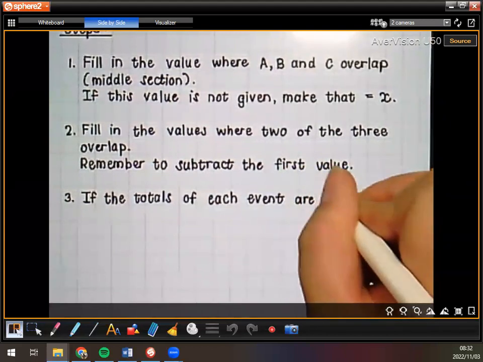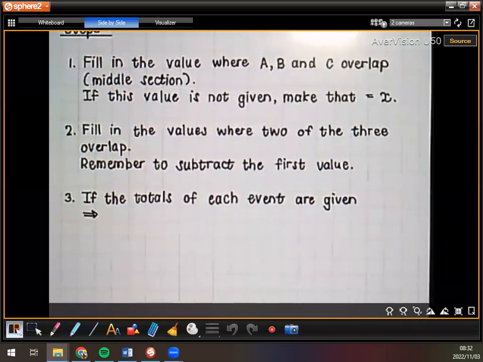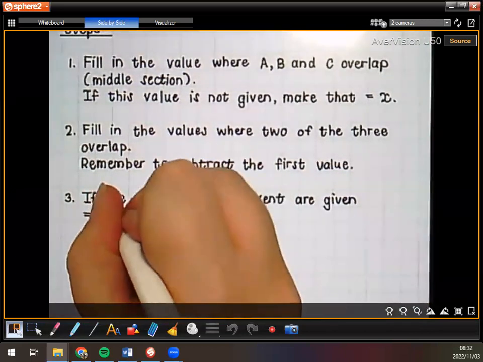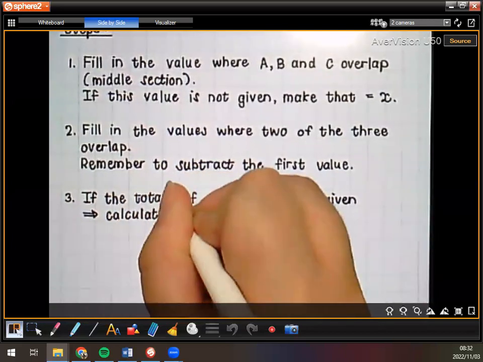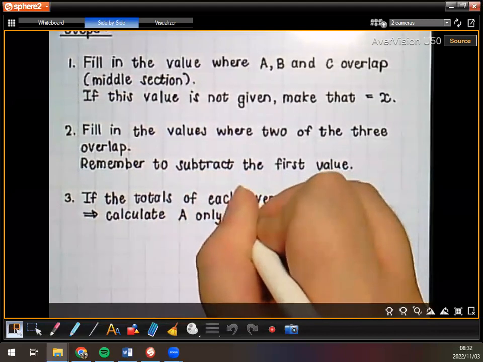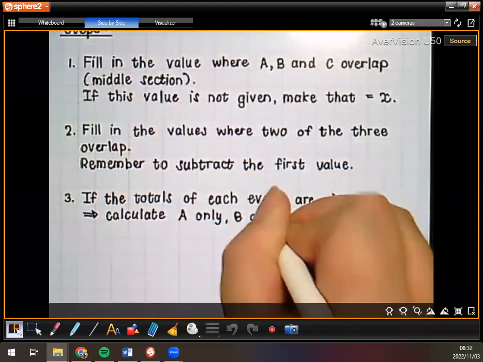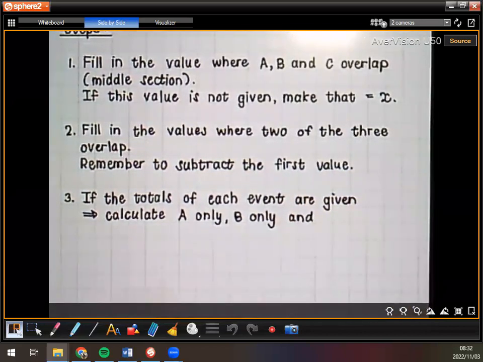So if the totals are given, then calculate A only, B only, and C only. So those are the outer parts of each circle.